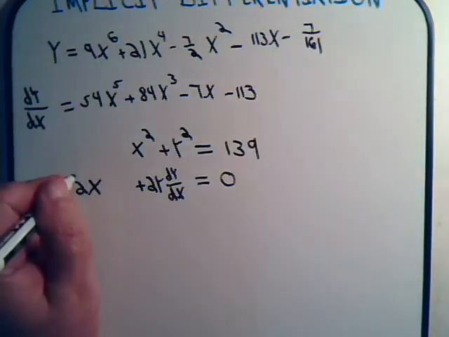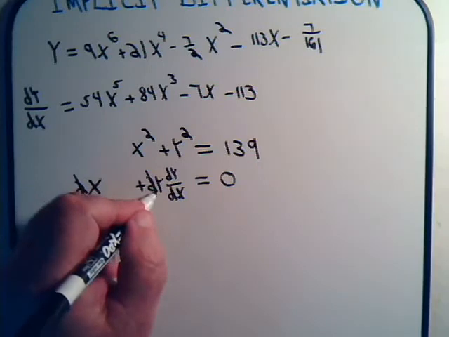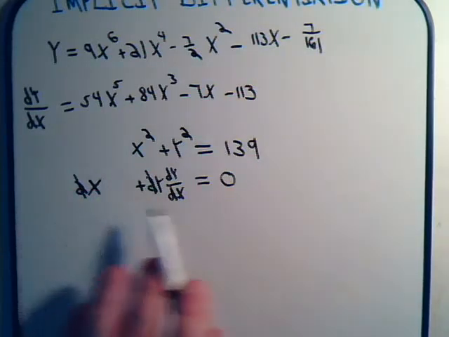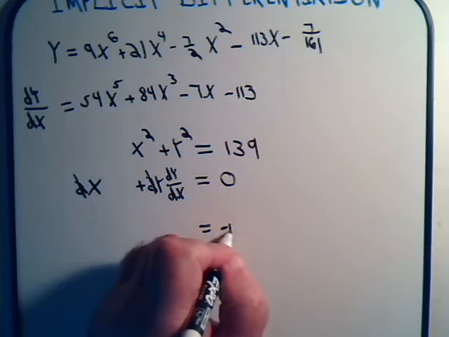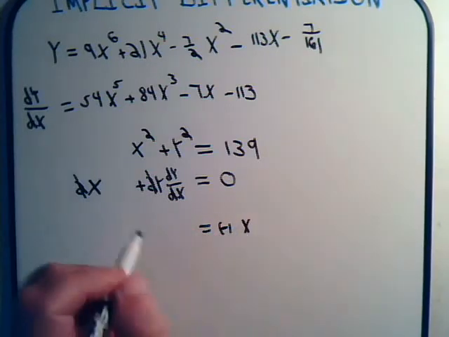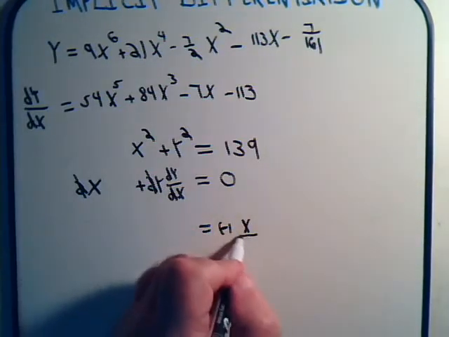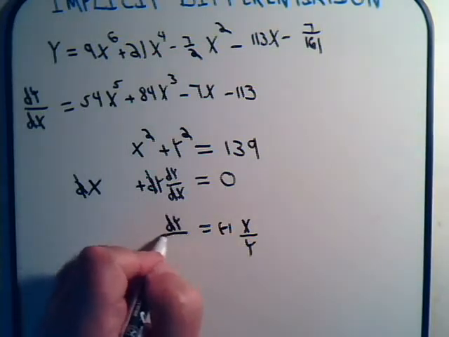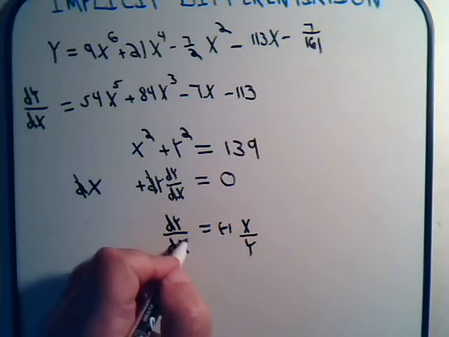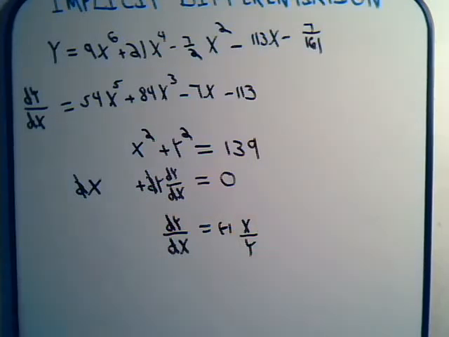And it looks like we can divide both sides of the equation by 2, and we can bring this over to here. That'll be minus x, and divide by y, and there we have dy dx. Much easier, much shorter than the other way we did it.